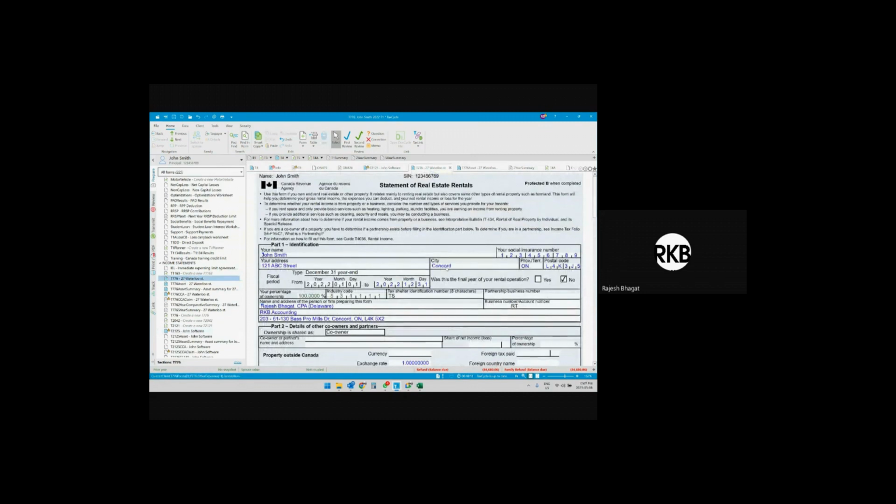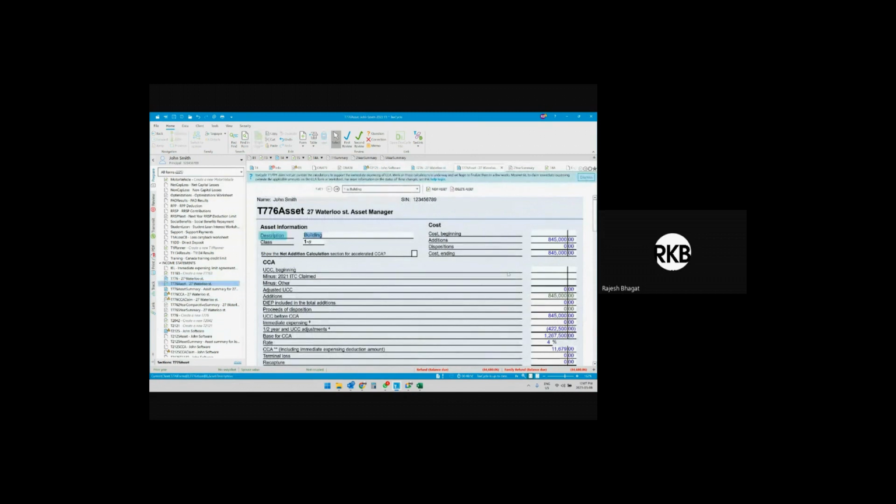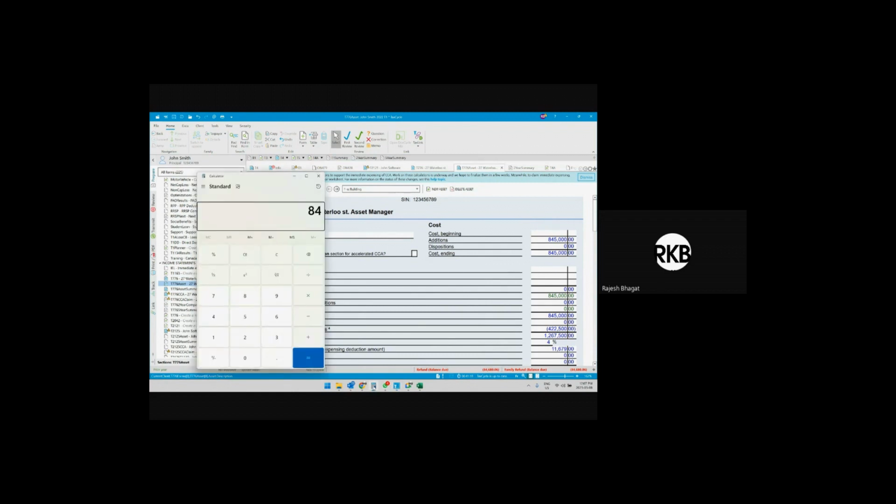So the rule for claiming depreciation on your property when you are reporting rental income: you cannot report a rental loss by claiming depreciation on your property. If you look at the depreciation claim, 845,000 times 4% is 33,800, so he can claim depreciation up to 33,800.